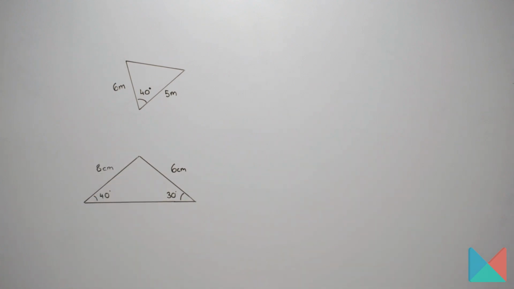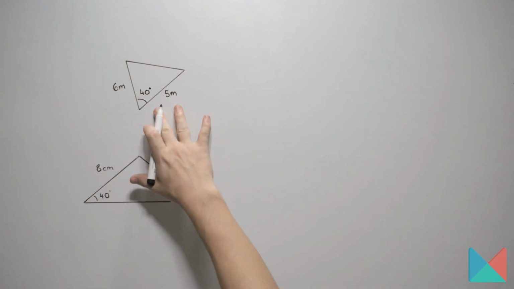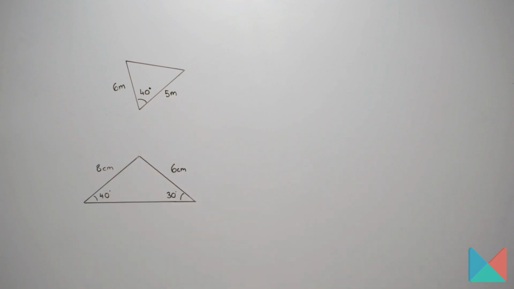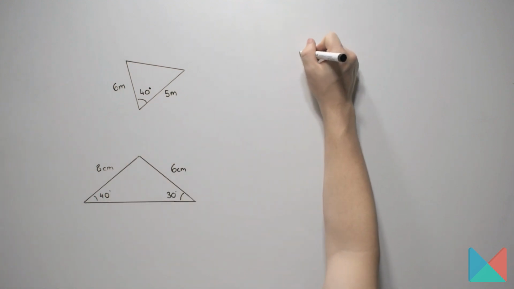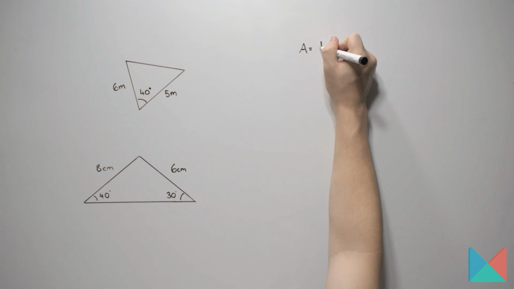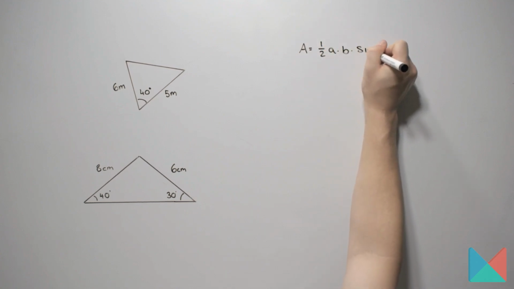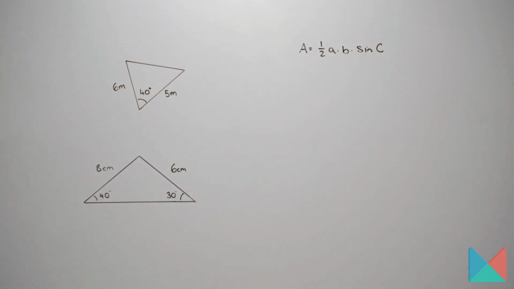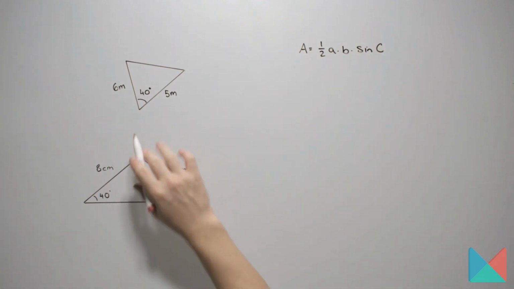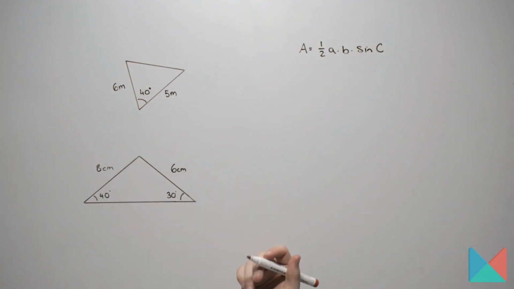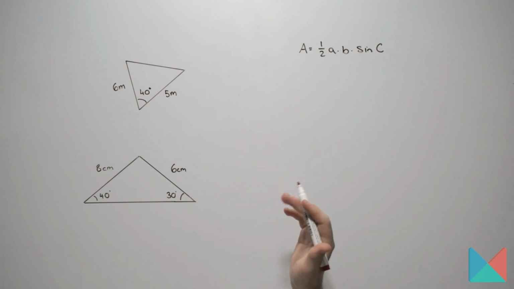To begin our examples, we're going to start with this triangle here, where we want to find the area. And rewriting the area rule, we have the area of a triangle is equal to half A, B, sine C. And so for this triangle here, let's label our sides and angles using our triangle convention.